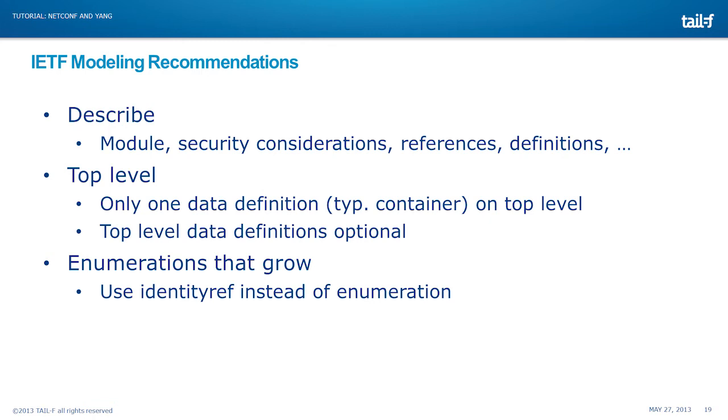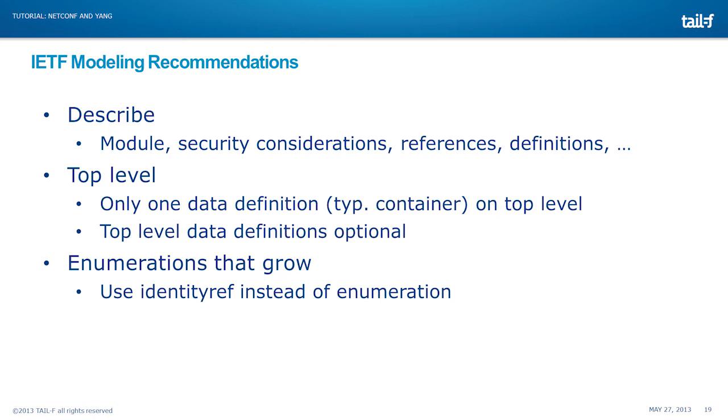Use the description field. You cannot over-document a model. Certainly, provide references, definitions. In terms of organizing the module itself, they do recommend that you only have one top-level data definition of your tree in your module, i.e. like just one container at the root of it.